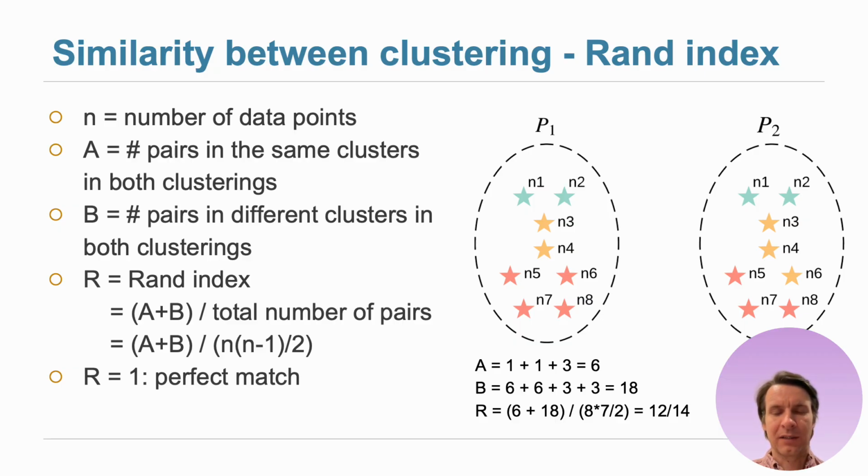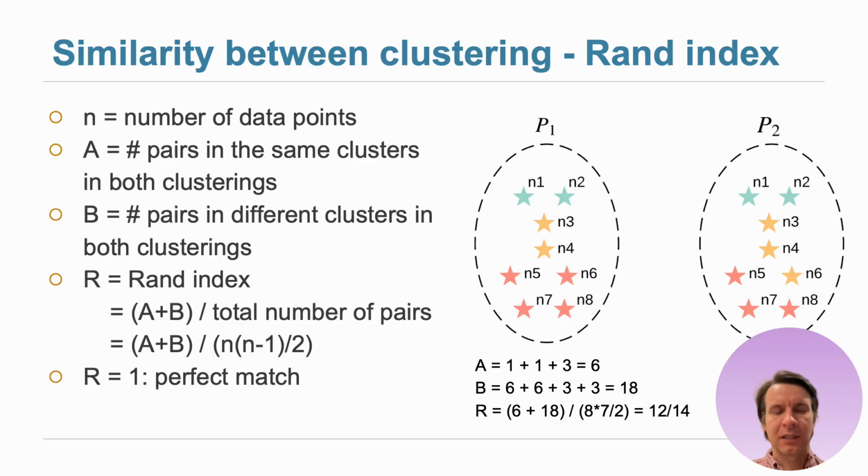You can look at the calculation of R on the right, where you look at the 3 clusters. In the first one you get 1 pair, in the second one 1 pair, in the third one 3 pairs that are the same, and then for B you count those that are different for every pair of clusters, and calculate R.